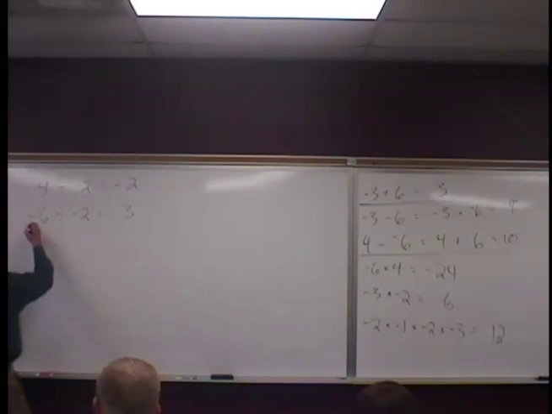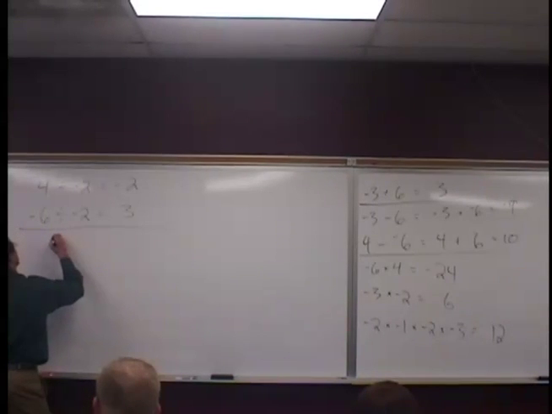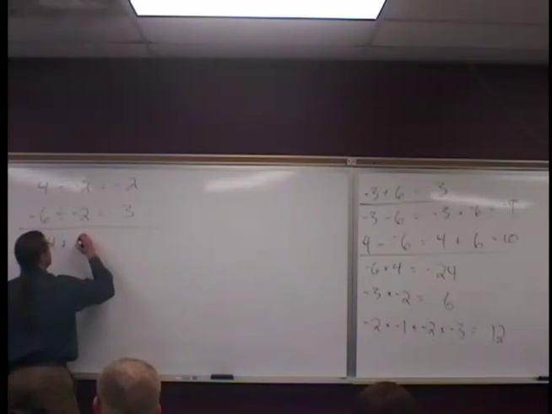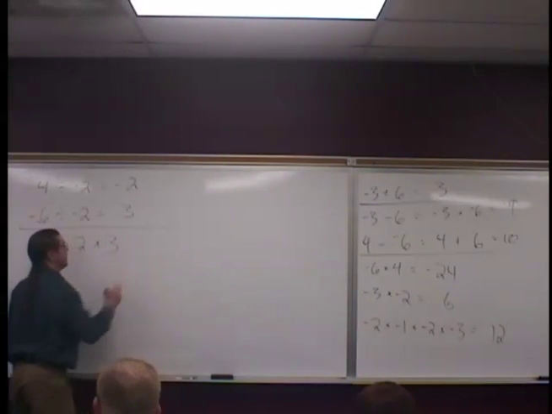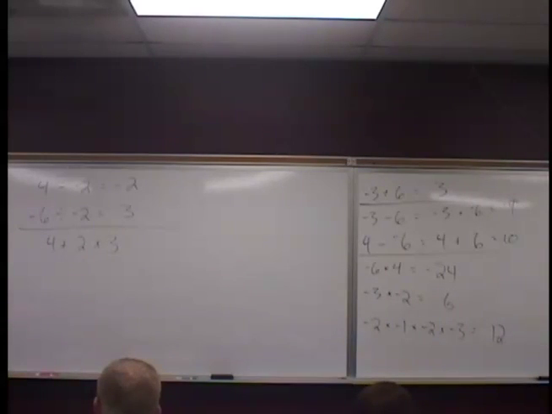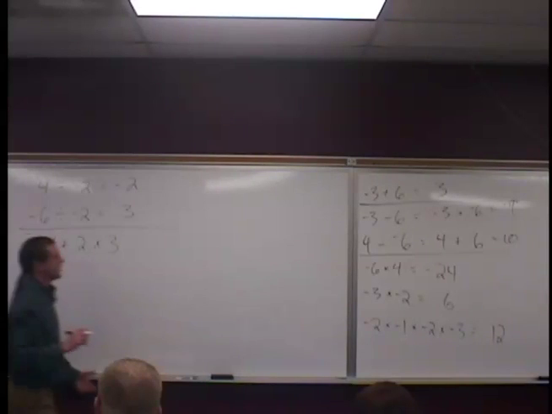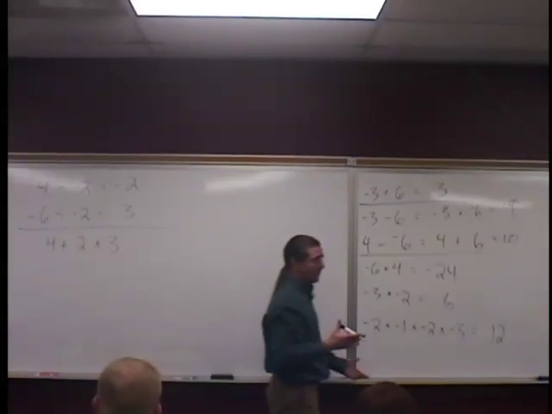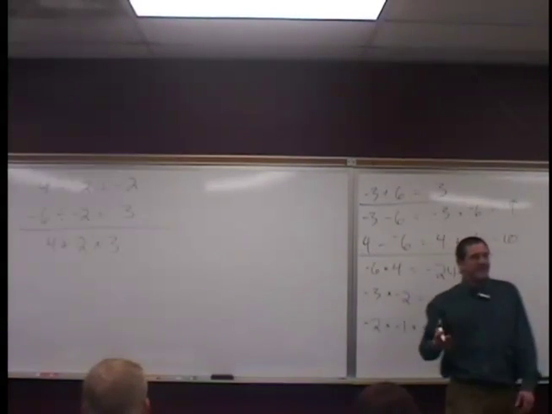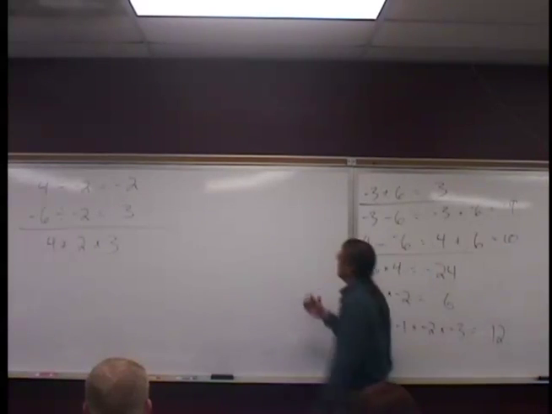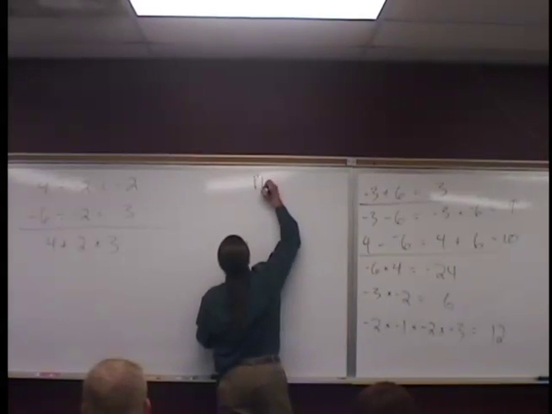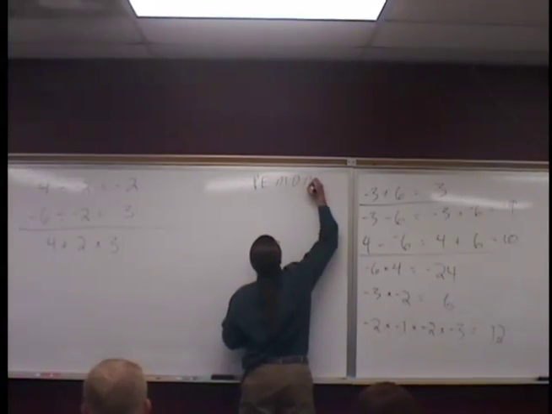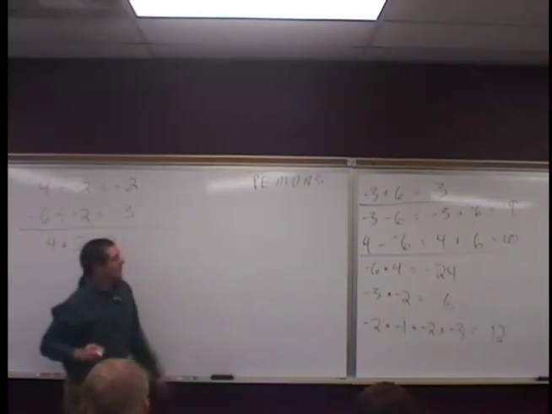All right, now, what happens when we start putting them together? Order of operations. What's the phrase you use to remember them? Whichever one you use, PEMDAS, or please excuse my dear Aunt Sally. What's the P stand for?